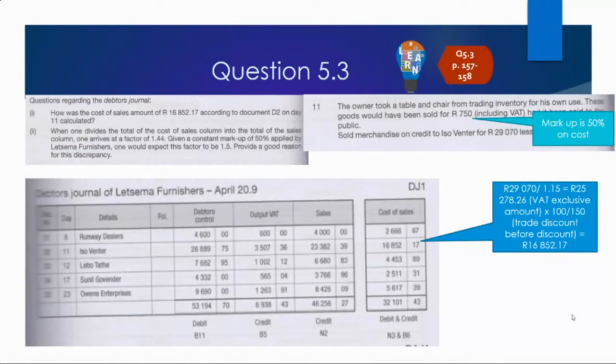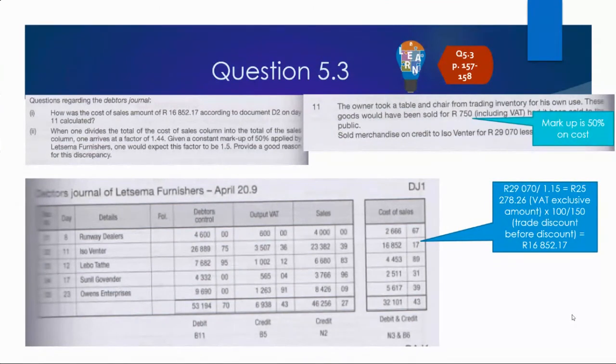Okay, so I'm just going to repeat the question. So they're asking you, normally the markup is 1.5 or 50%. So we would expect to see 50% if we take the cost of sales and we divide it by the sales amount. But if we take the total cost of sales and you divide it, you actually get 1.44. Okay, sorry, it's the total sales over the total cost of sales. So we put sales over cost of sales.